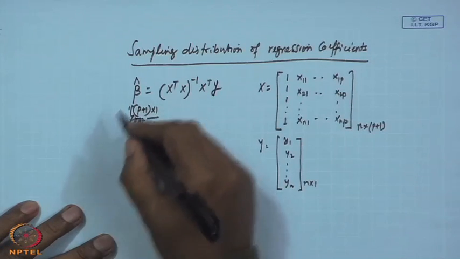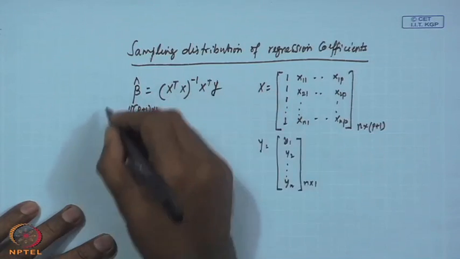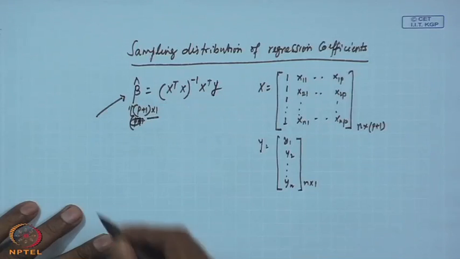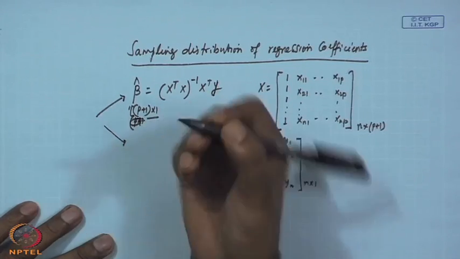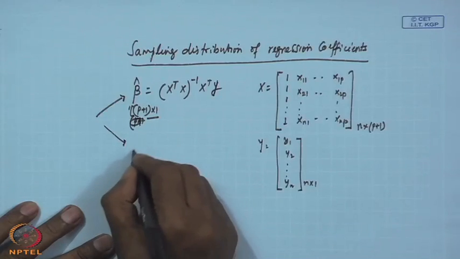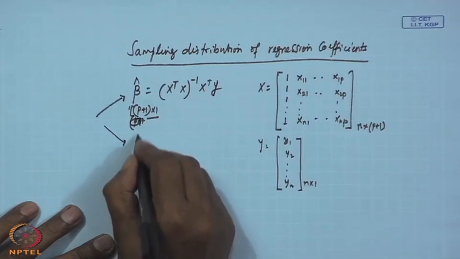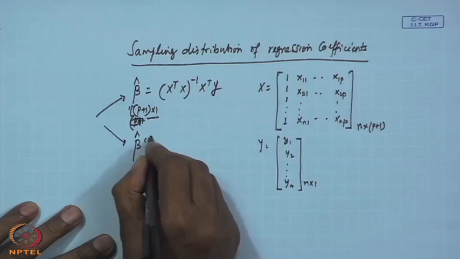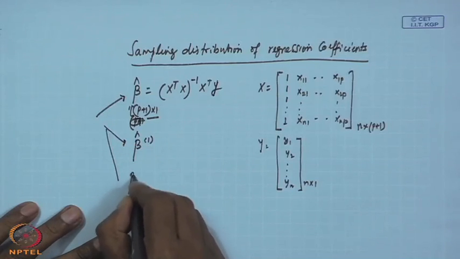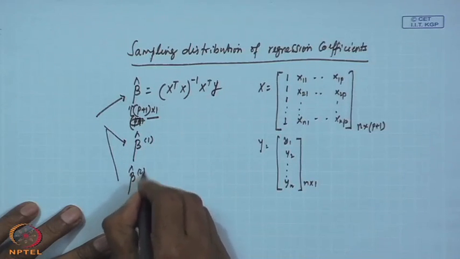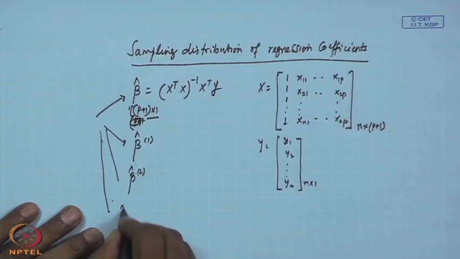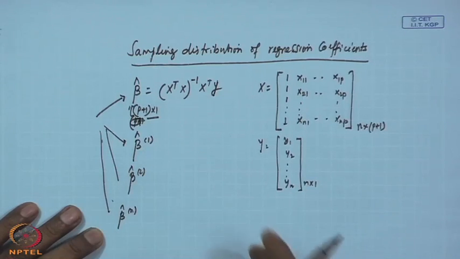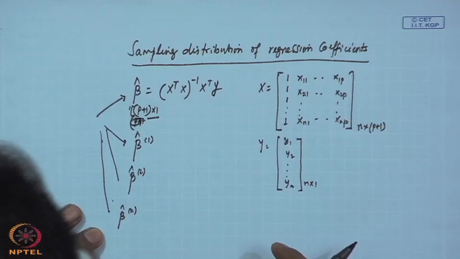So, if you collect one sample, you get some value for beta cap. If you go for another sample, your beta cap will be different. For example, sample 1 beta cap may be 1, sample 2 beta cap may be different. Like this, if you go for n samples, you will be getting a series of beta cap values.